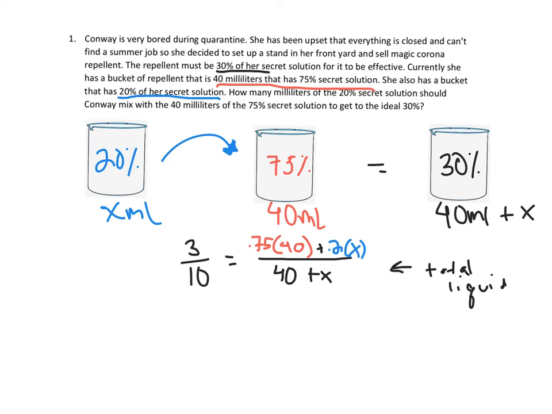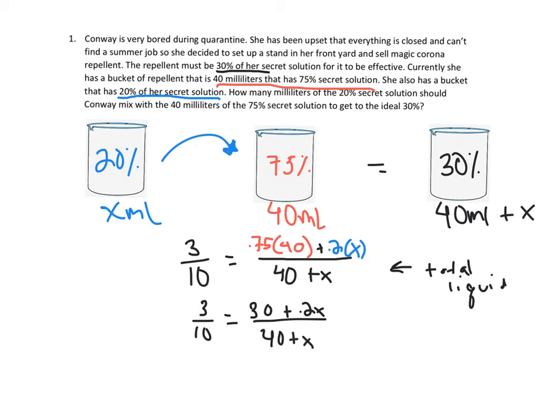So if I clean up, this is still 3 out of 10. 0.75 times 40, that's going to be 30, plus 0.2x over 40 plus x.